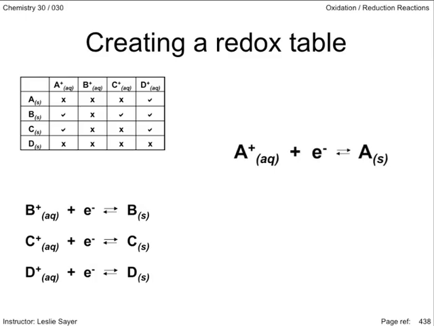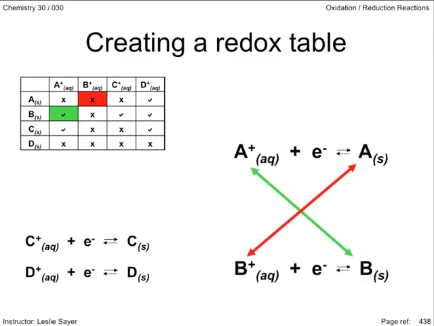It doesn't matter what we start with. I'll choose the A ion reduction half reaction. The data table indicates that the A ion only reacts with the B metal, not with C metal or the D metal. Recall that to indicate on a table a redox reaction will occur, the oxidizing agent, the substance being reduced, in this case the A ion, must be positioned above the reducing agent, the substance being oxidized, in this case the B metal.